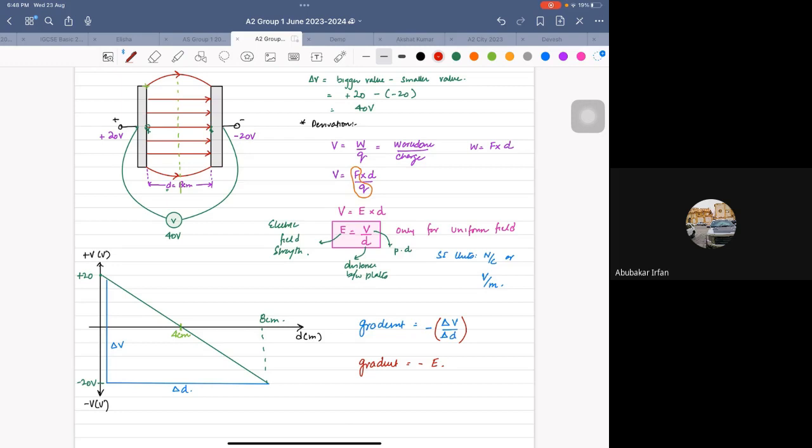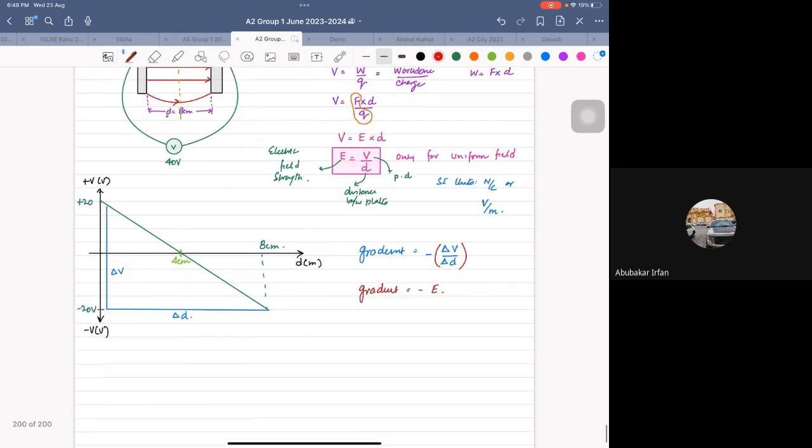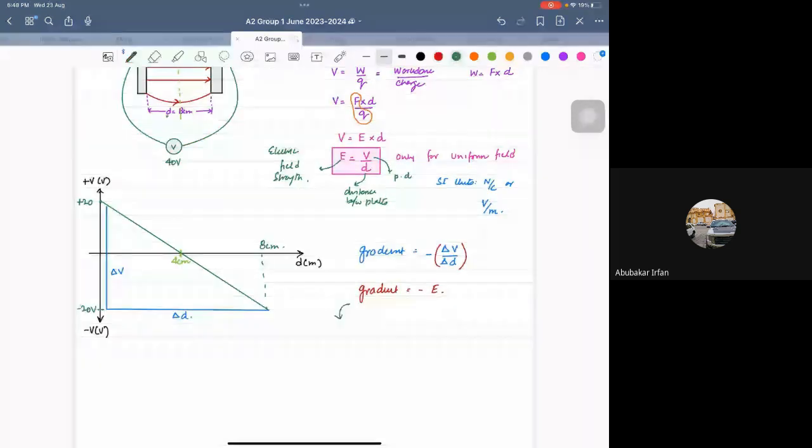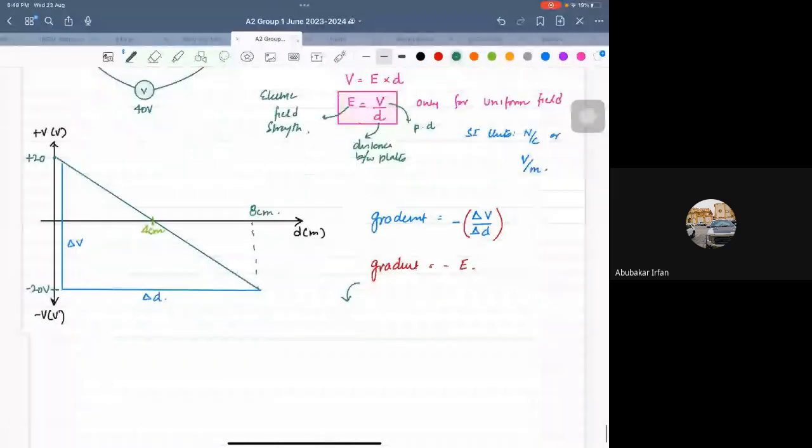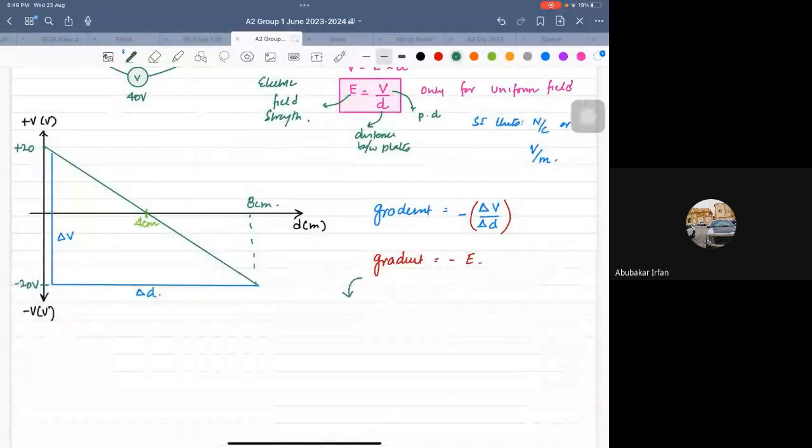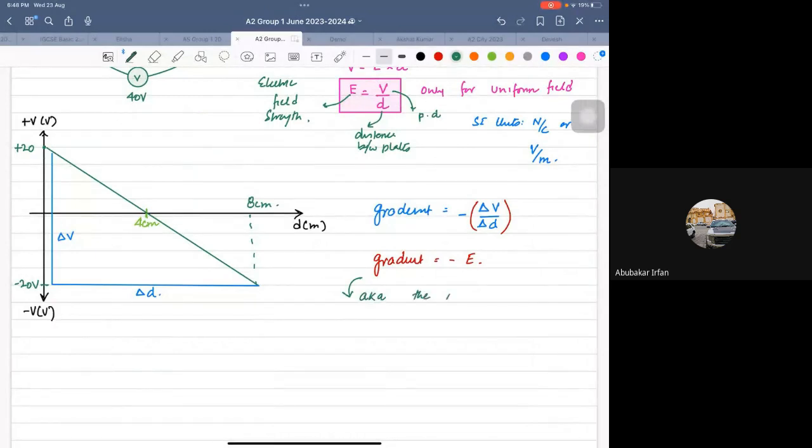Do you get it? This is the reason most of the time the examiner writes electric field strength as also known as the negative potential gradient.